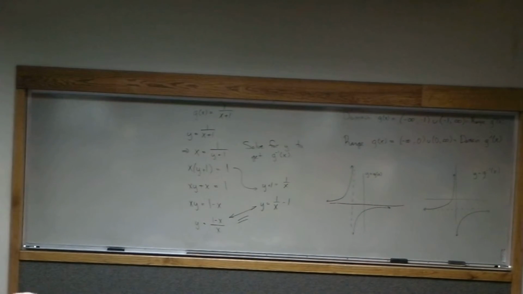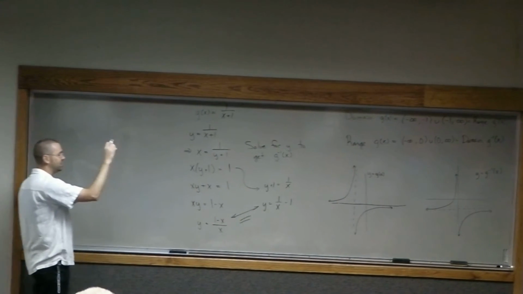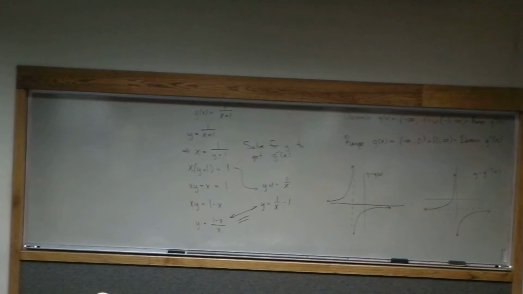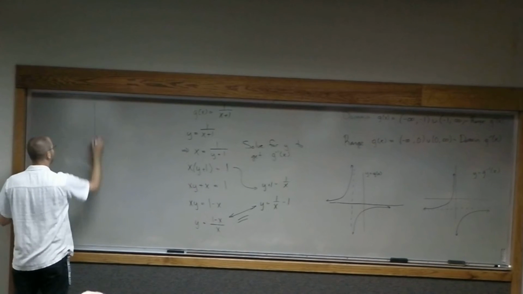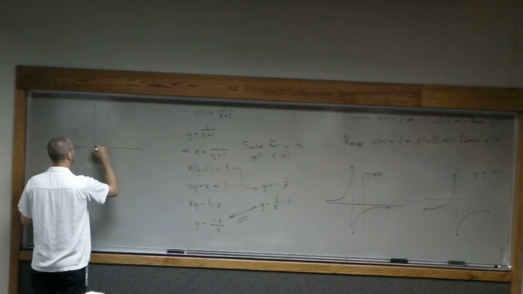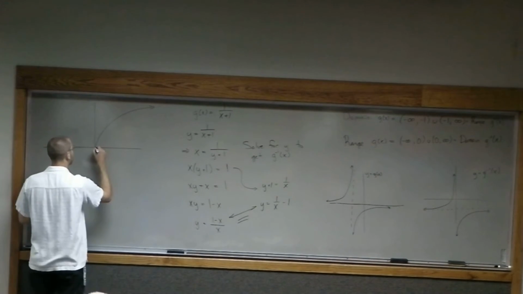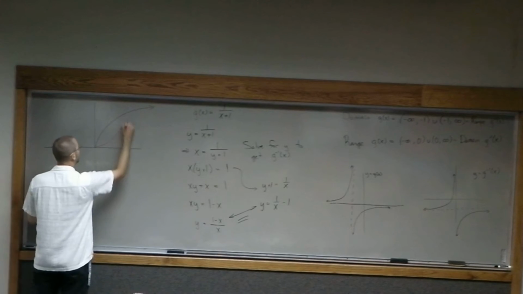Let's see. The last thing I want to talk about is just relating the graph of the inverse function to the original function. And I deleted the best example that I had before here. Sorry, let me just write this up here one more time real quick. The graph of square root of x, the graph of x squared for x greater than 0.